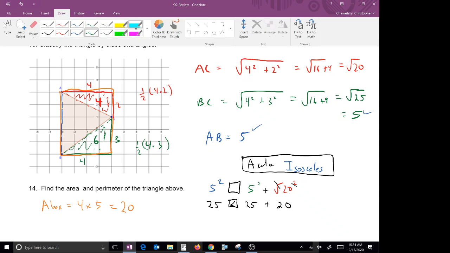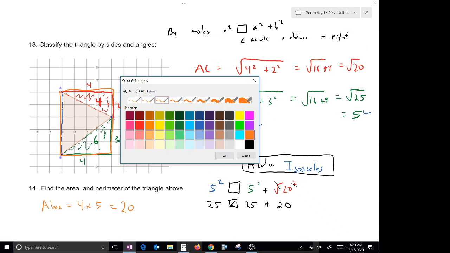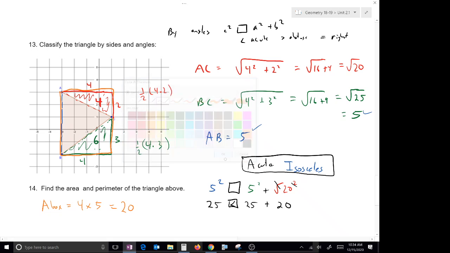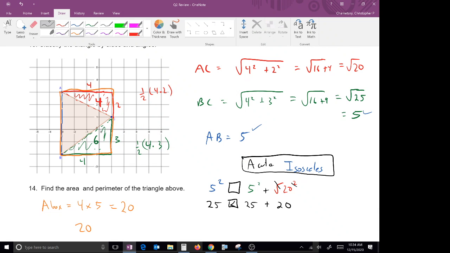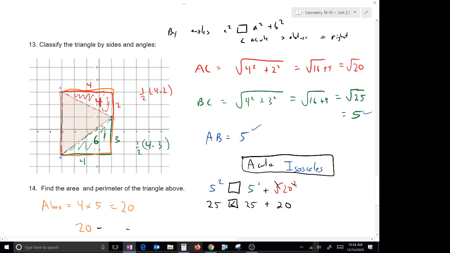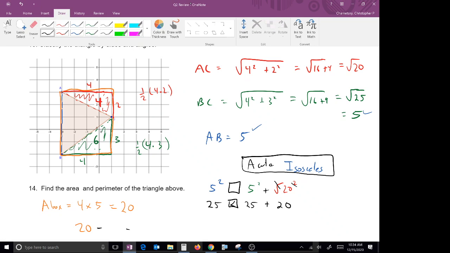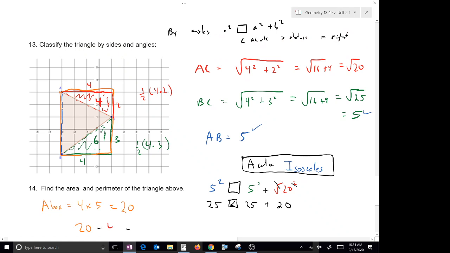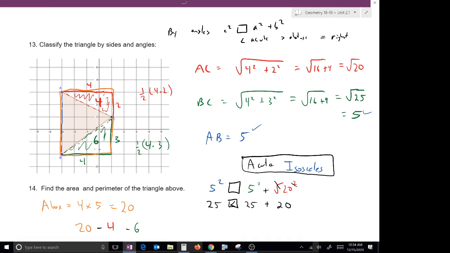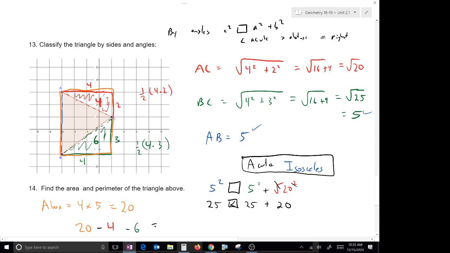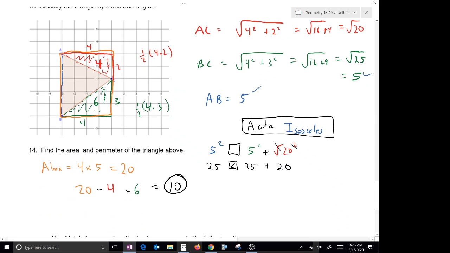Well, 20 minus 4 minus 6 equals 10. So my correct answer is 10.